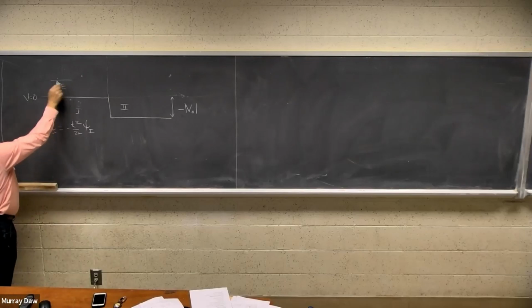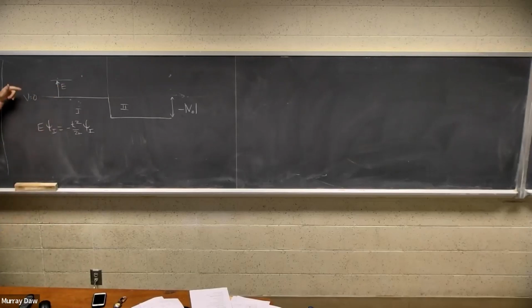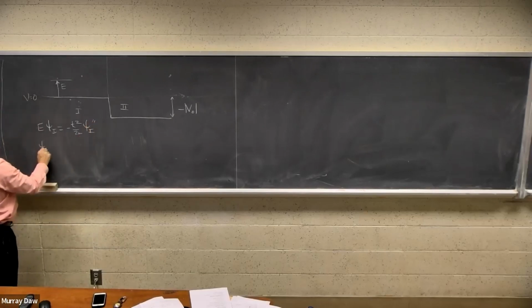Let's mark E from that point there. So E is above this. It can't be below this because there'd be no way to get it in. If it started off at infinity to the left, it would never make it in if it's below. Die off exponentially.